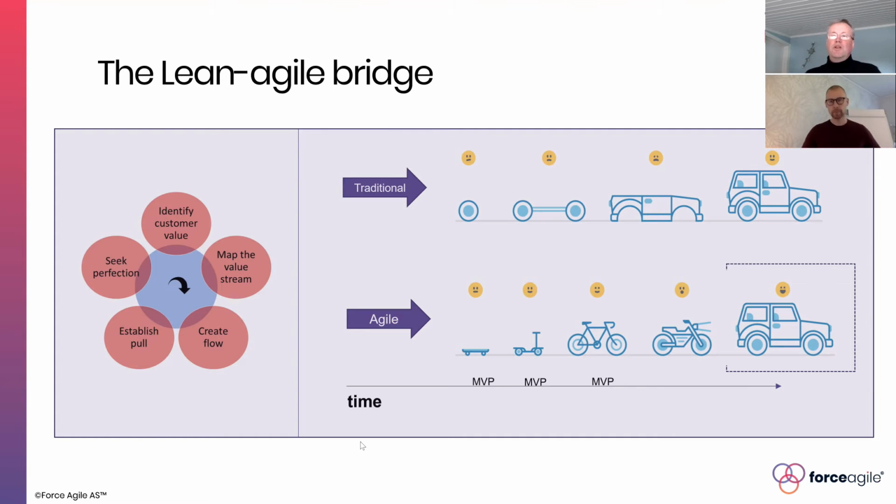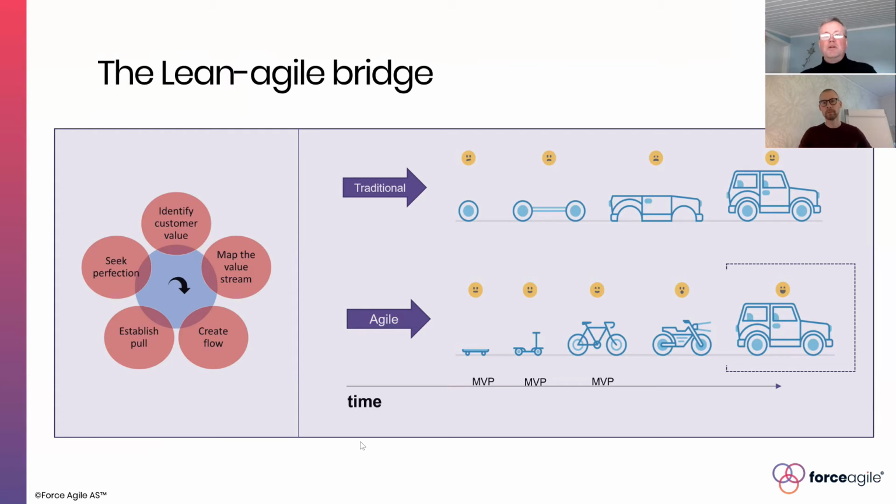Then we need to focus on how we create flow in the value stream so that we are doing things in a steady, cost-efficient way with a customer-centric mindset. And the fourth is to establish pull, where we are doing things according to the customer needs in the order that the customer wants the things delivered, but also internally we work in a pull manner in order to utilize our capacity and not work over or do too little.